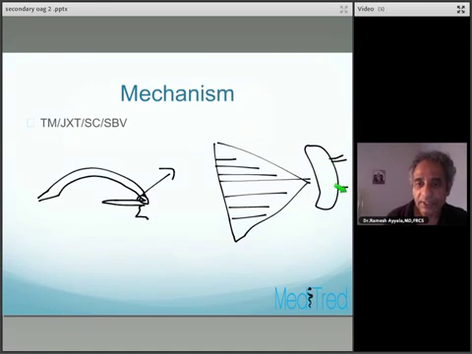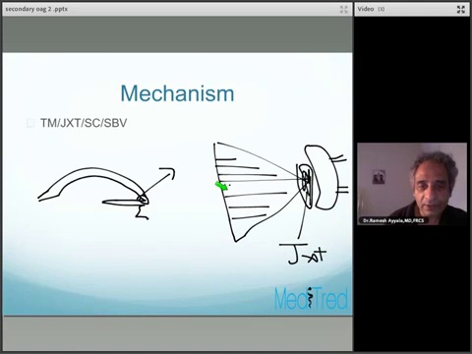Okay. So in primary open angle glaucoma, there's an obstruction somewhere in this location, what we call the juxtacanalicular area, JXT. Okay. And this is the TM, the trabecular meshwork.